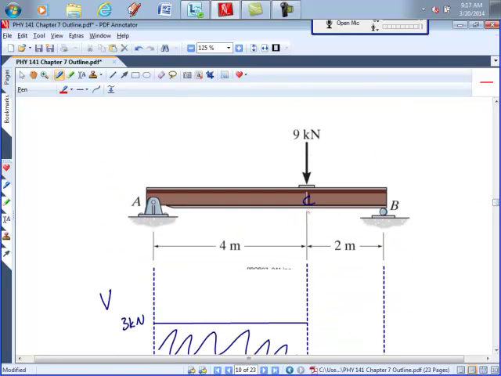No distributed load, so it continues straight across at -6 until we get to B. At B, there's a concentrated force of 6 kilonewtons upwards, the reaction at B, which brings it back to 0. They should all begin and end on 0.